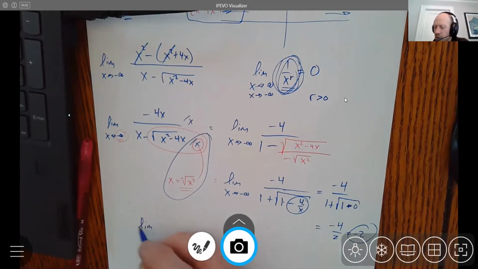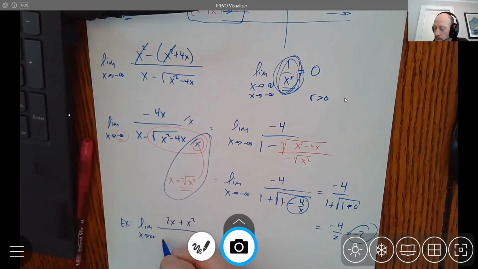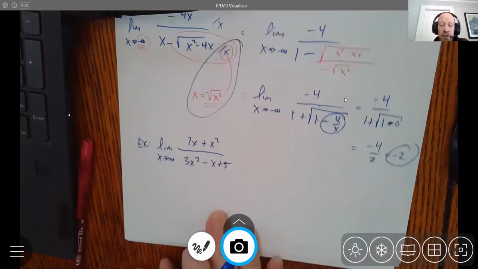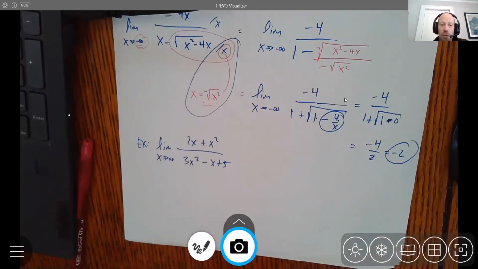A more general kind of question, or let's say, this one would be, I would say, a straightforward sort of question. No complications here. This is the limit as x goes to infinity.